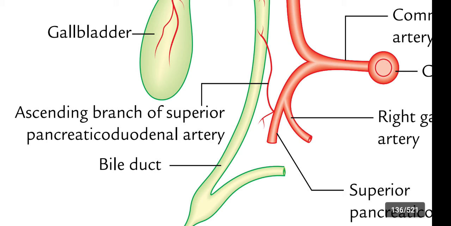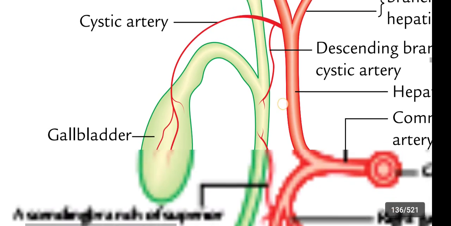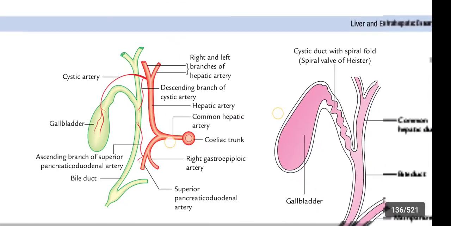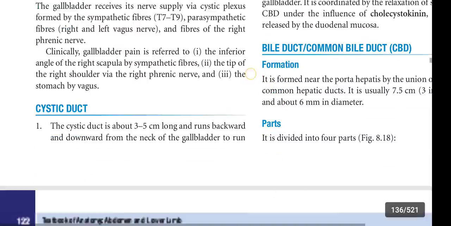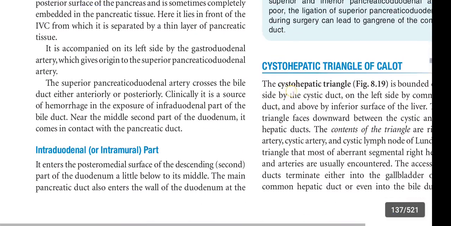The ascending branch of the superior pancreaticoduodenal artery supplies the lower part, and the descending branch of the cystic artery supplies the upper part of the bile duct. Thus we completed here.